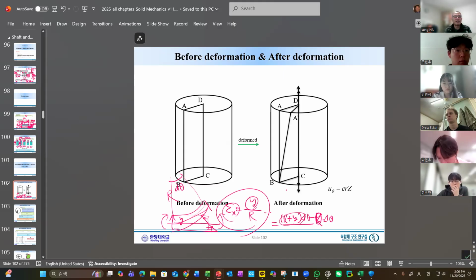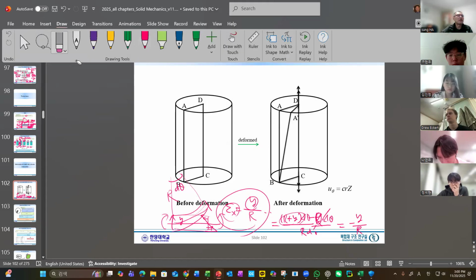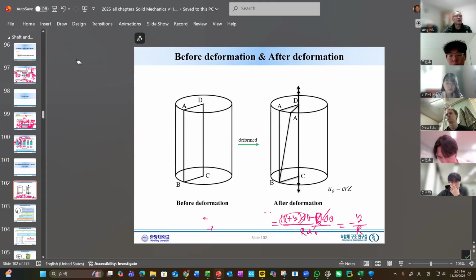I'm sorry, this is r theta, and so on. And then what you found is r over y. Well, there is a minus there. Anyhow, this is the deformation observation, and that's what we are trying to do in torsion as well.